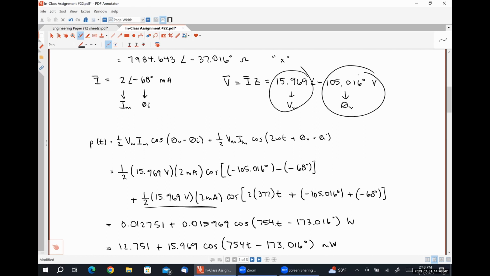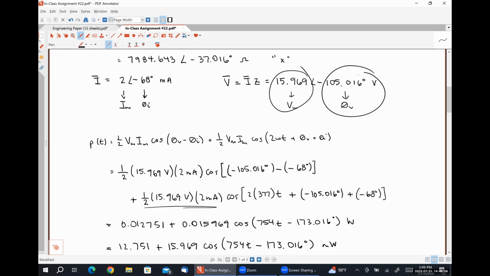So the instantaneous power equation is literally just that. It's a time domain relationship where we're plugging in our frequency domain things as we need them. All of our circuit analysis should still be occurring in the frequency domain.